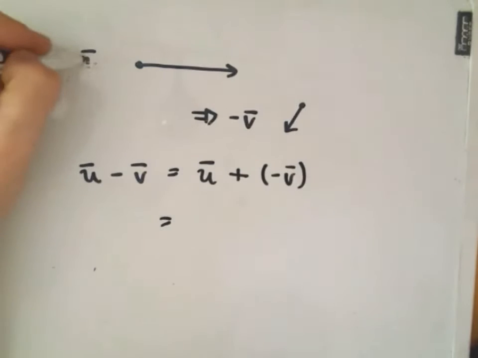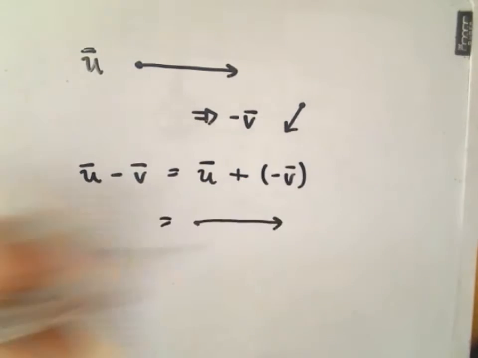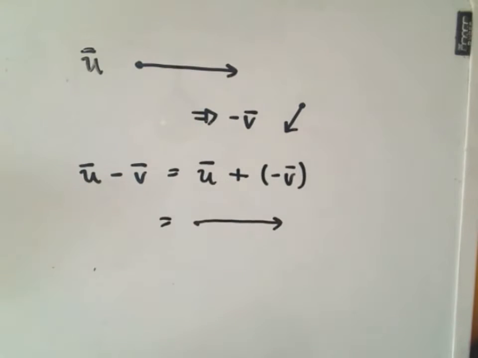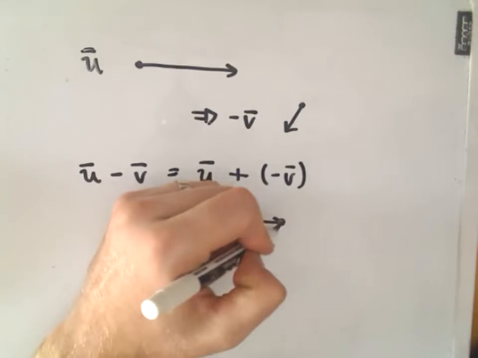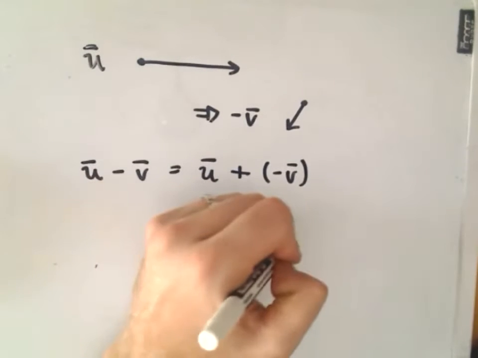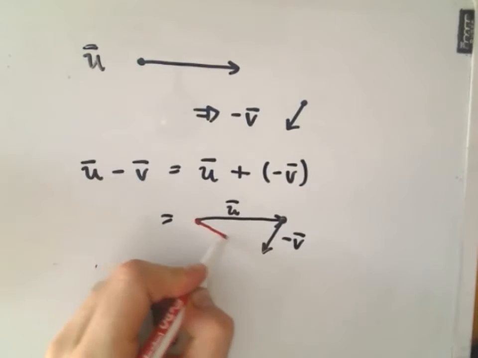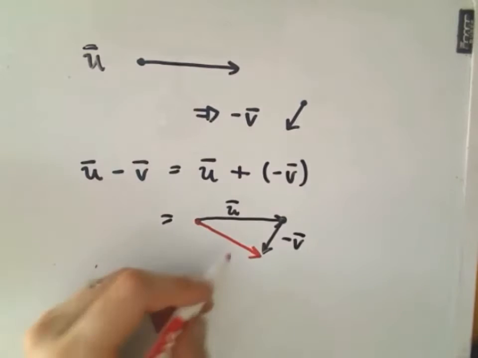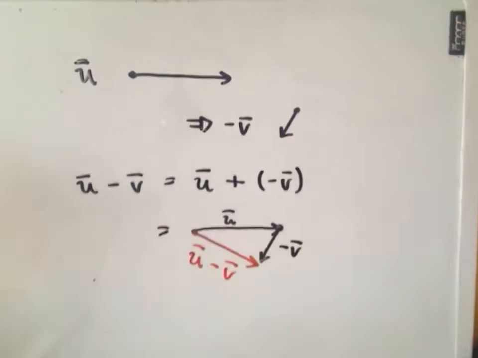So again, vector u pointed to the right, vector v, if I glue that on, now it's going to backtrack to the left and down a little bit. So there's vector u, there's vector negative v. If I take where I started to where I stopped, this new vector in red would be the new vector u minus v.